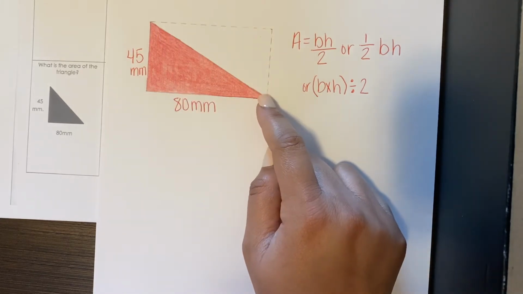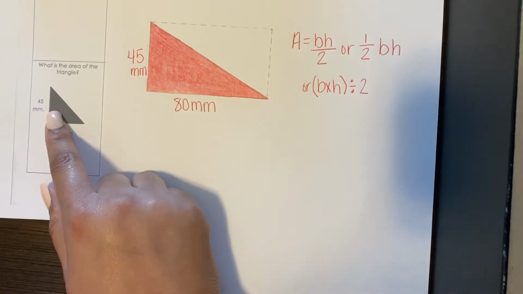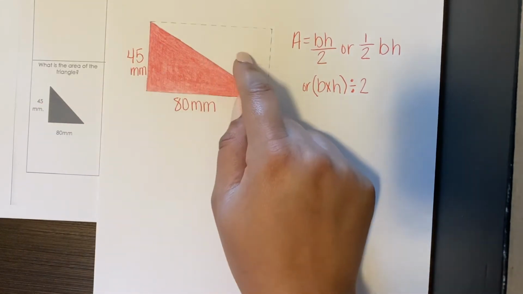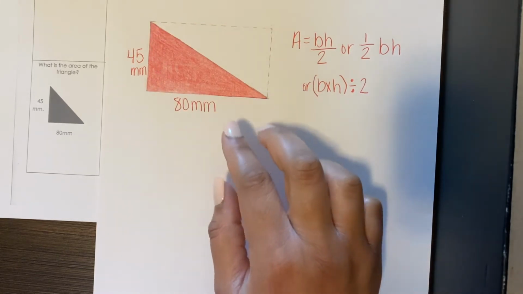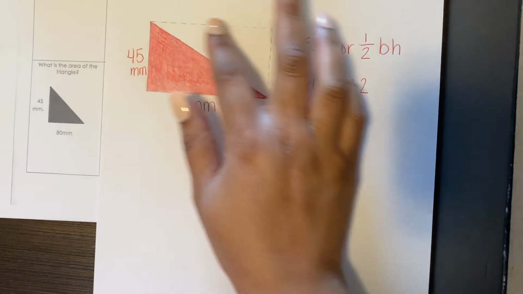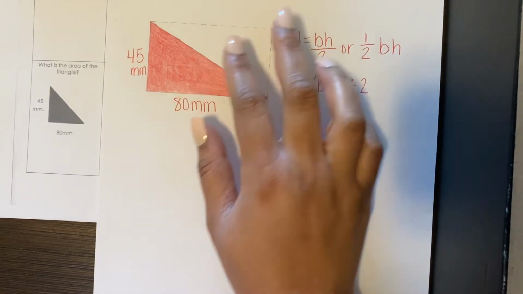This is the red triangle, the same triangle that they give you on the problem, and just imagine that same triangle going this way in white. So that way you know that you have a rectangle, and that rectangle is composed of two triangles.